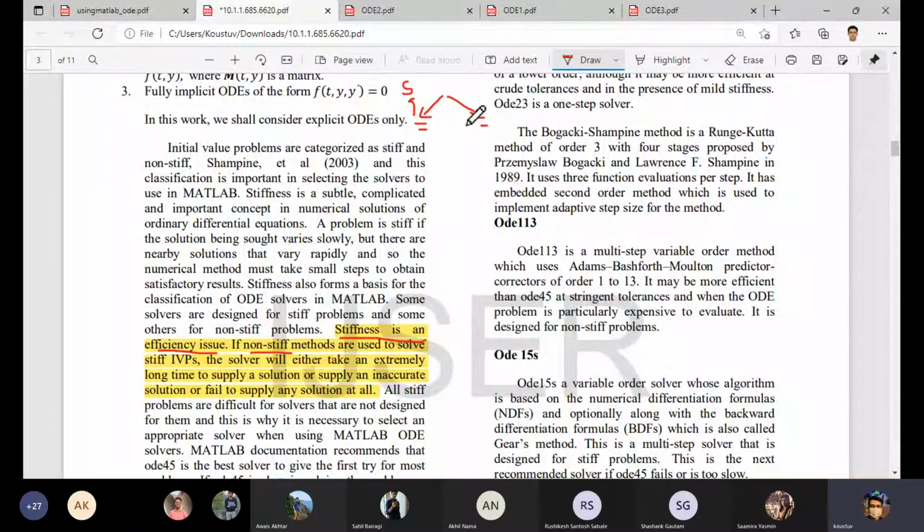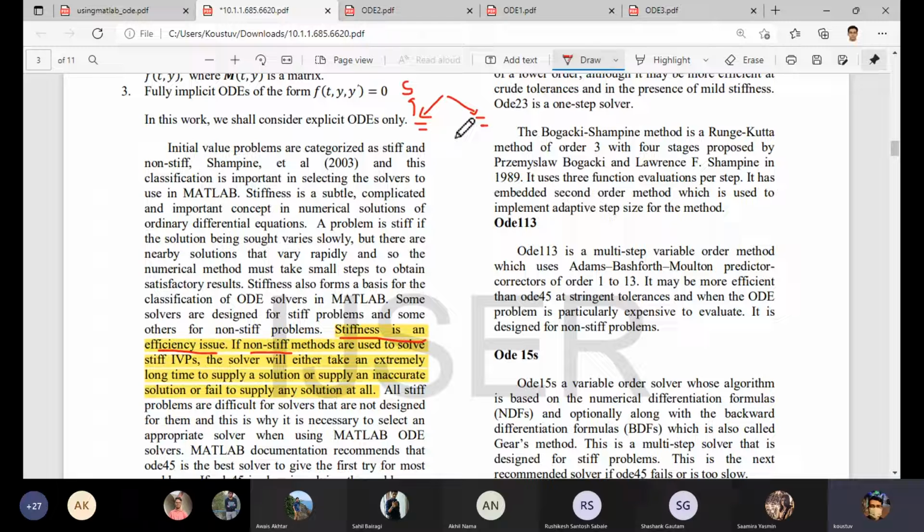That's why a specific method or integration routine or solver is required which can exclusively tackle a stiff problem. Since we call it an efficiency issue, it will accurately deal with the stiff problem and will not be computationally costly.